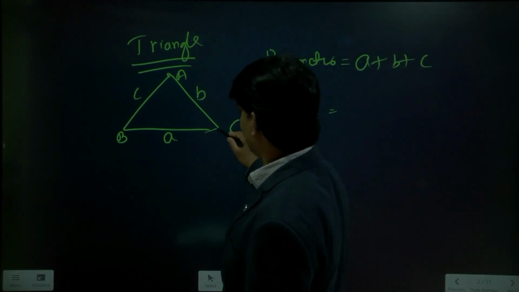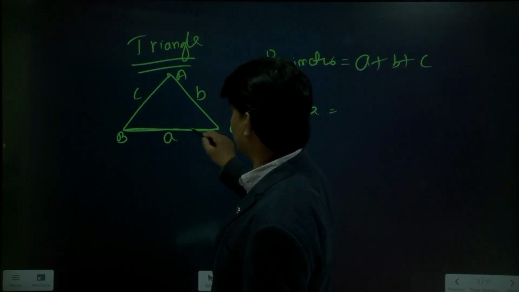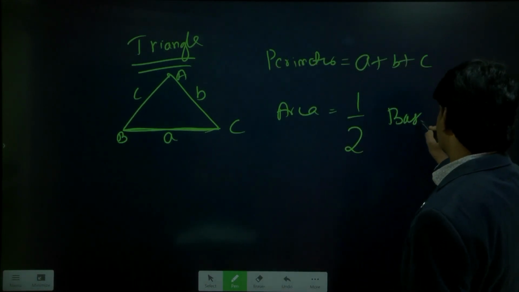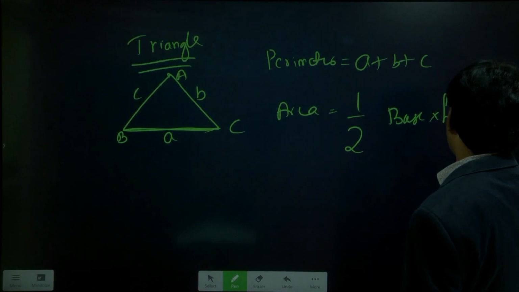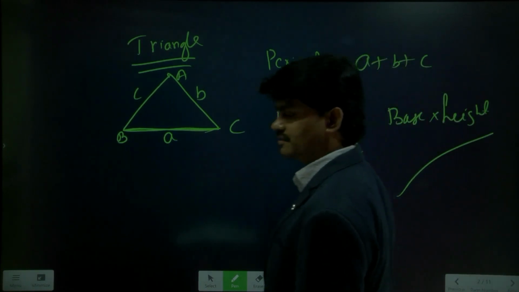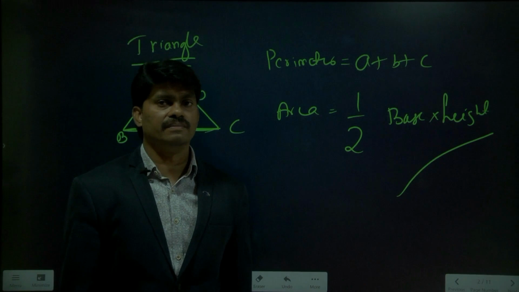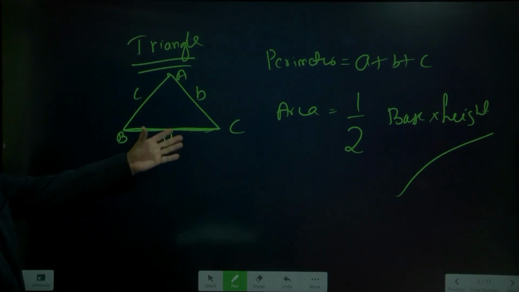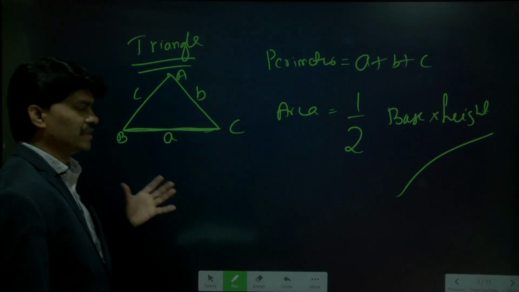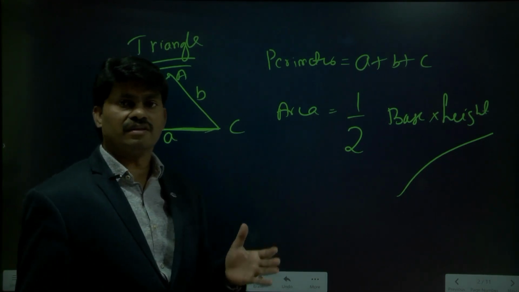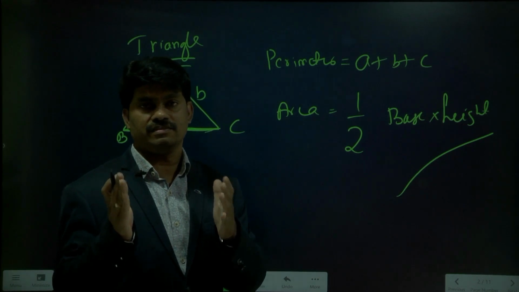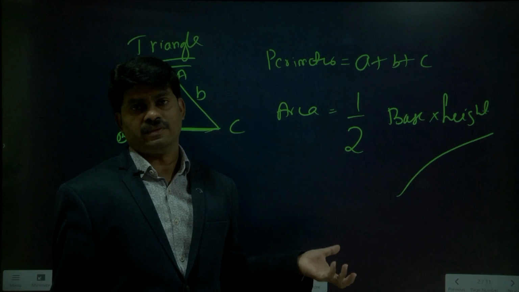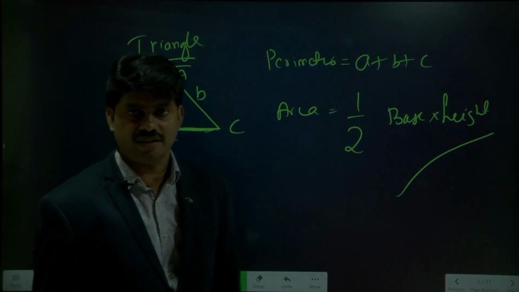And area will be defined as the magnitude of the measurement, which comes as 1 by 2 base into height. This is the formula for any triangle. This comes like this: we take a parallelogram and separate two triangles from it. Then automatically the triangle area is half base into height, and parallelogram area is base into height. Like that we will go.